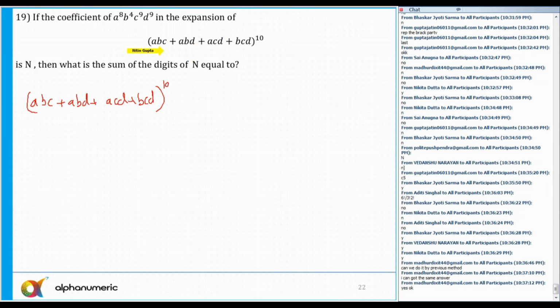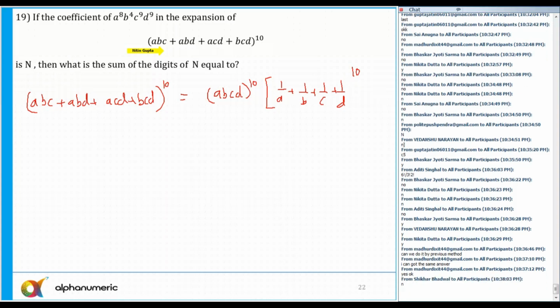And if I take out ABCD as common, raised to power 10 common, so into what will come? That is 1 by D. Or I can write it in one sequence, that is 1 by A plus 1 by B plus 1 by C plus 1 by D raised to power 10. Any doubts to anyone? Till this step, please tell me.